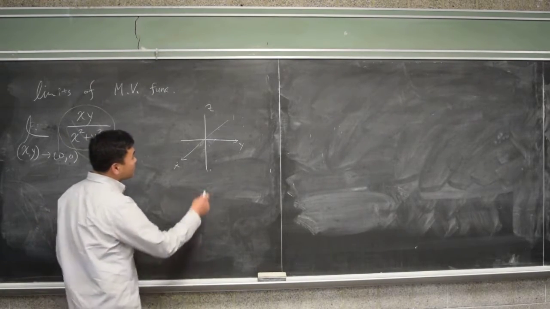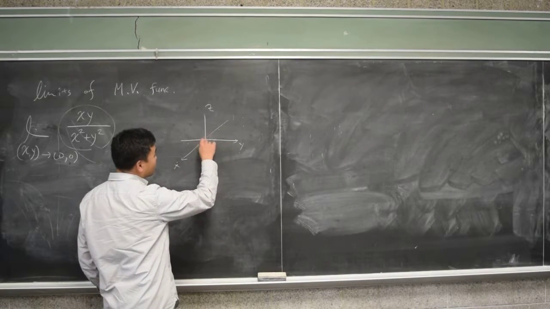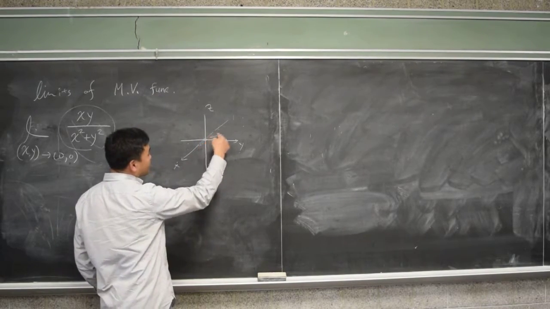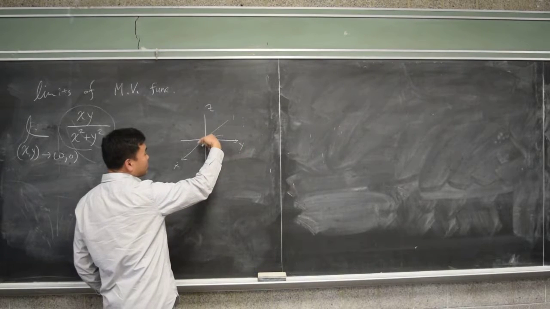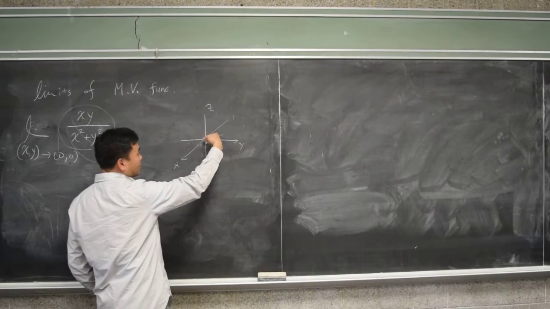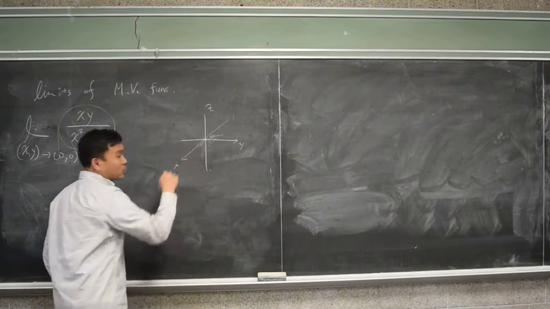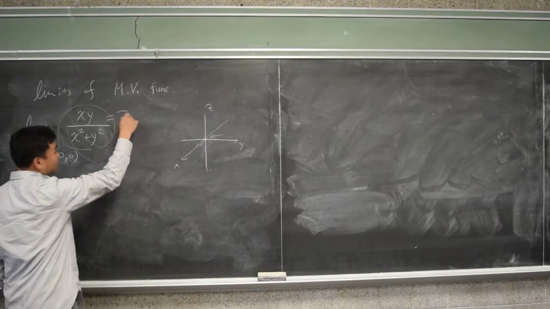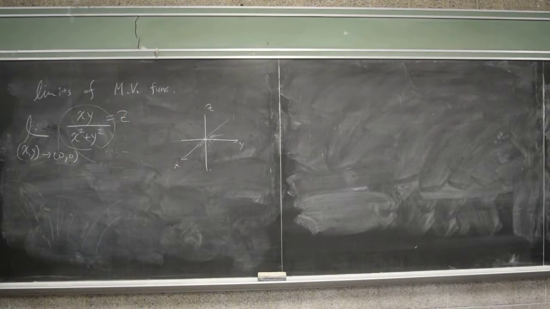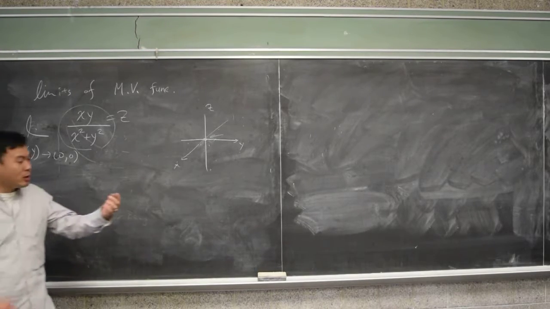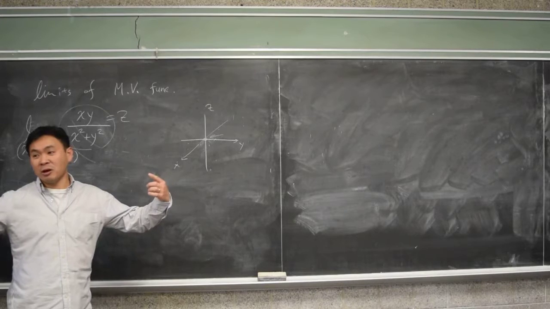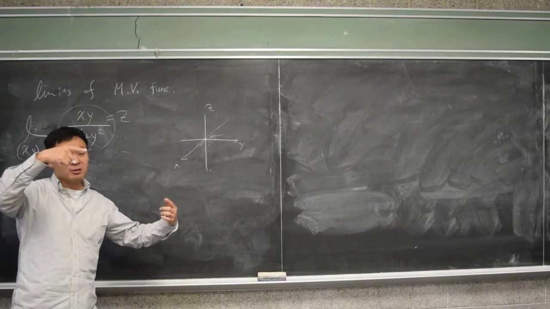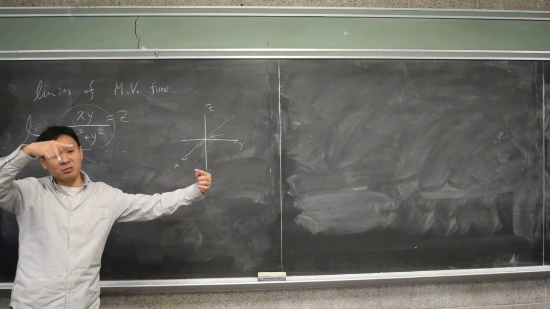And the question is, you're trying to come to this point 0, 0. As you're approaching 0, 0, you want to know where this value of z, if I set this as z, gets closer and closer to. Now, in the one variable case, all you had to worry about was whether the left limit is the same as the right limit, right?